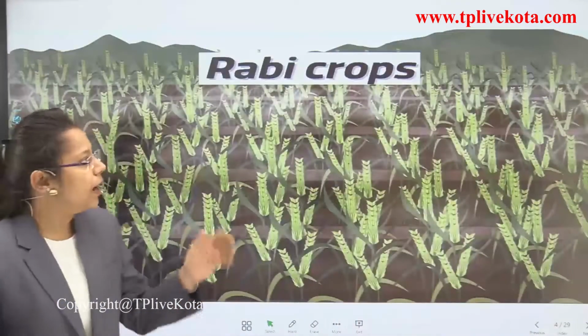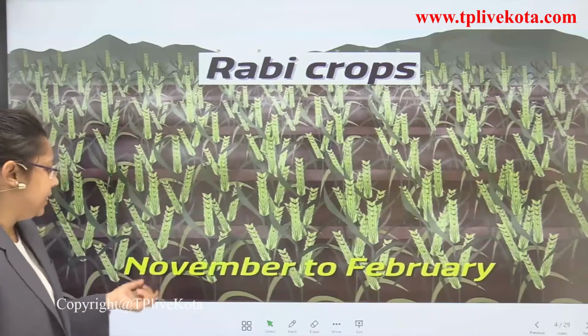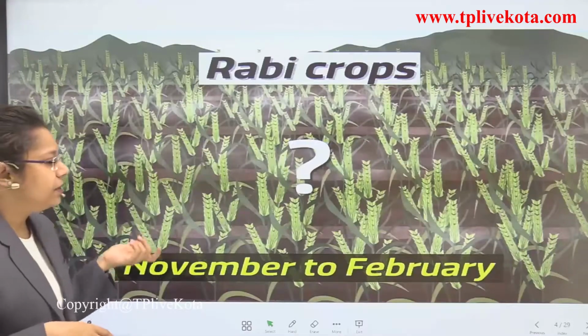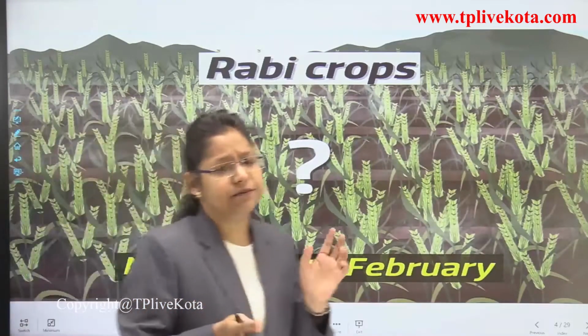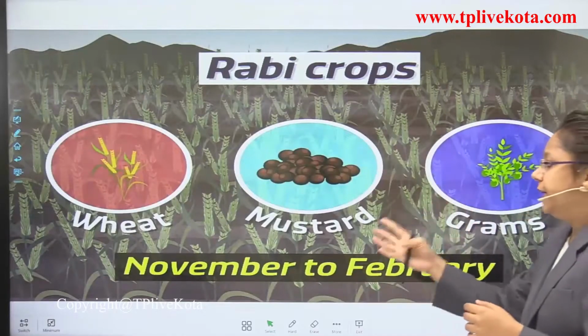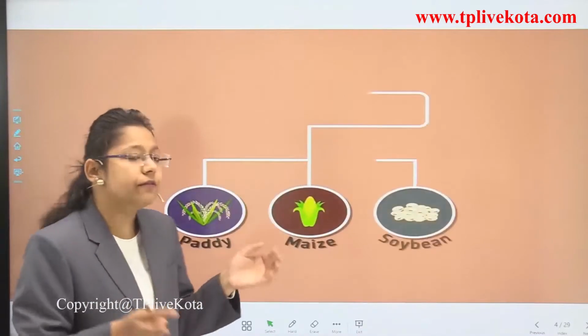Rabi crops are grown in the seasons between November to February, which means a very cold winter season. Wheat, mustard, and gram are the crops which are grown in the winter season.